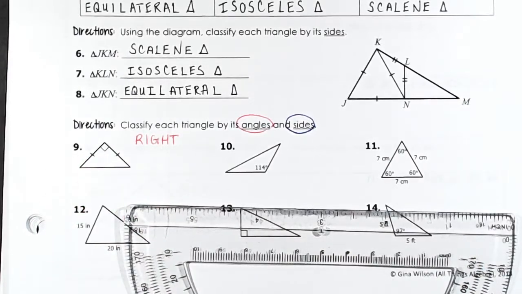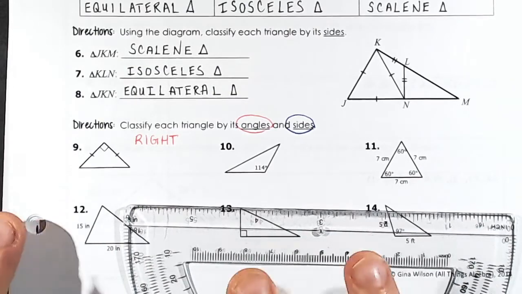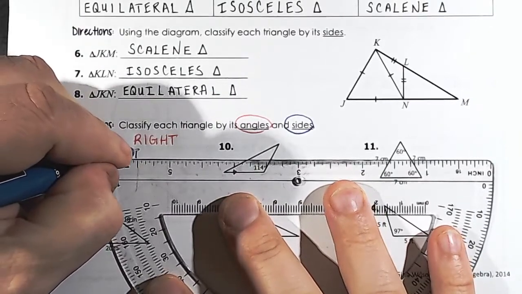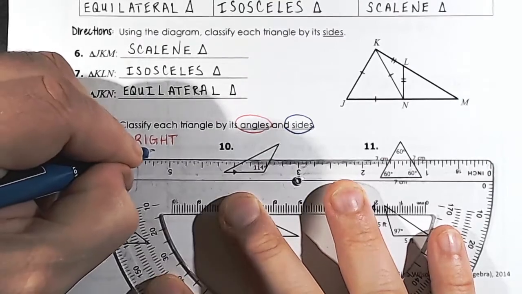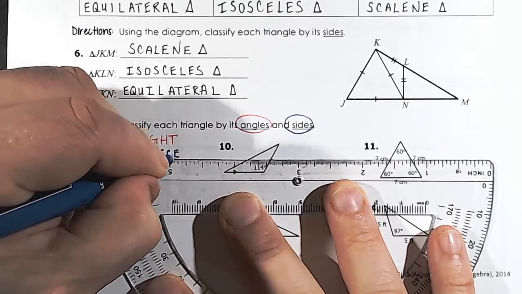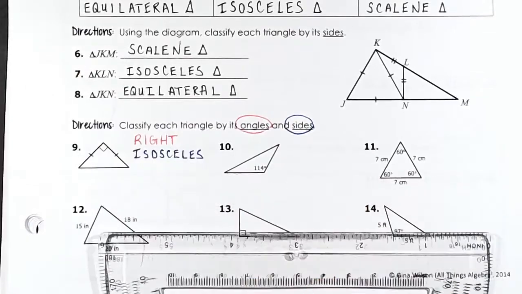And any triangle with two sides of equal length is called isosceles. So this is a full identification here by angles and sides, a right isosceles triangle. And remember, isosceles is spelled I-S-O-S-C-E-L-E-S.